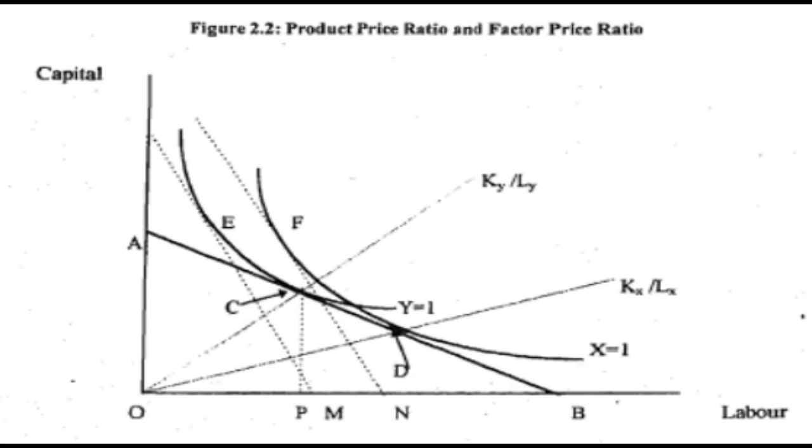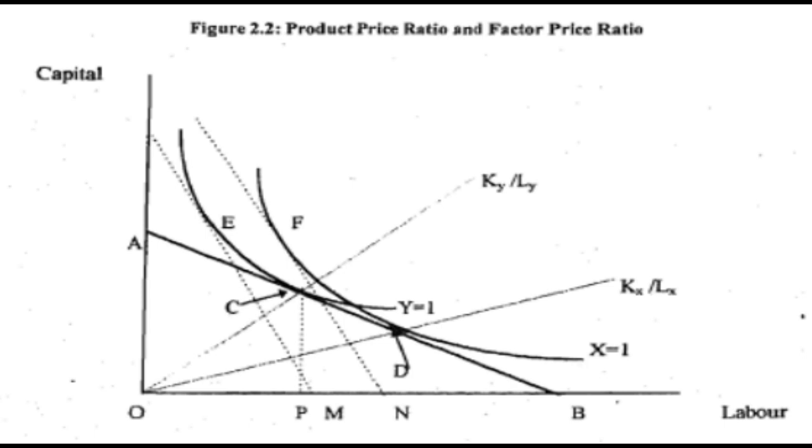Another important point to note is that the average cost measured by OA or OB for producing X or Y will remain the same no matter how many units of the two goods are produced. This is because the average cost, under constant returns to scale, is independent of output and responds only to changes in the factor-price ratio. Figure 2.2, Product-Price Ratio and Factor-Price Ratio.